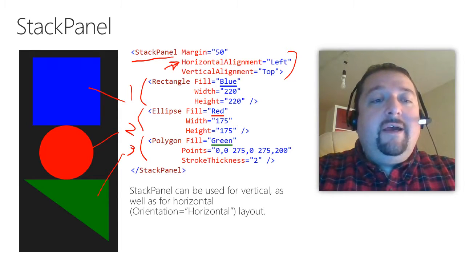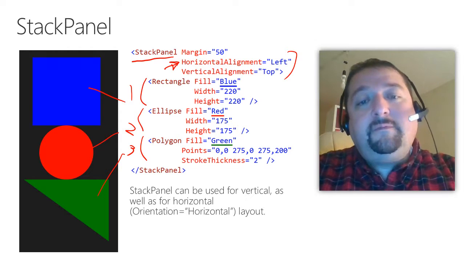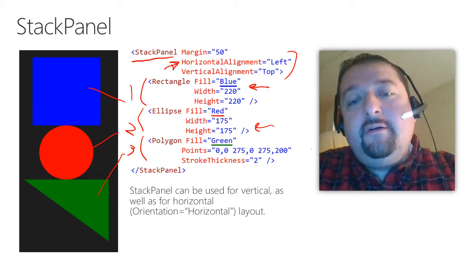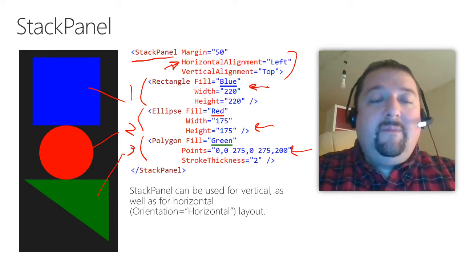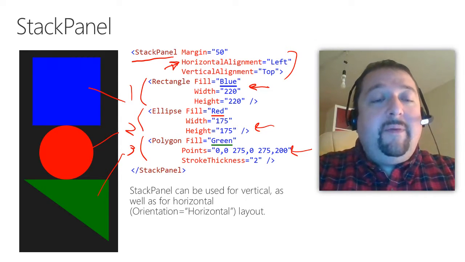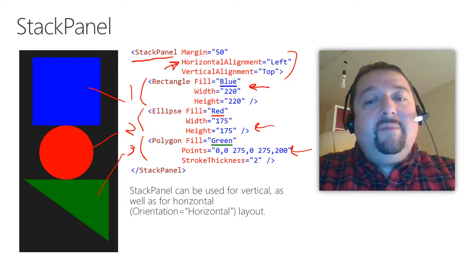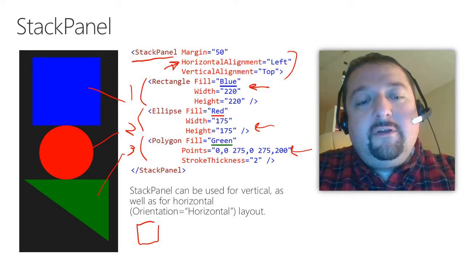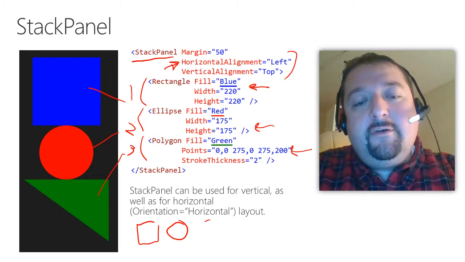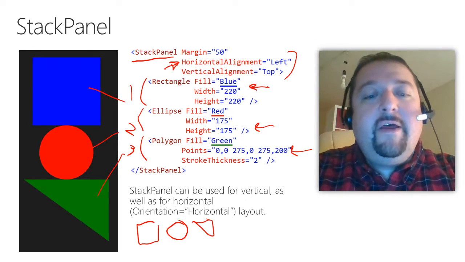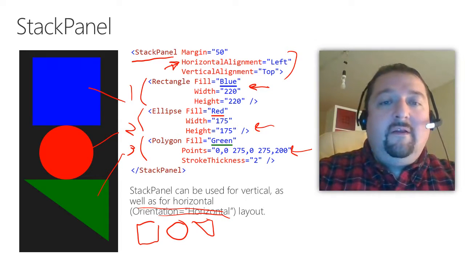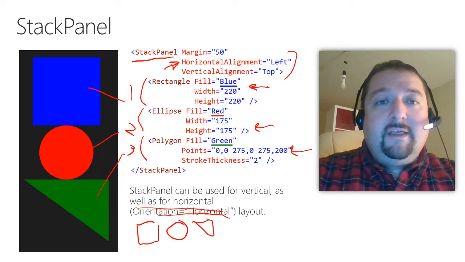And if we want to align the elements inside the StackPanel, we would need to specify horizontal and vertical alignments here for each individual element as well. StackPanel also allows us to place elements side by side. Like if you want to place them in a different order, like rectangle, then circle, and then triangle, we would need to specify orientation equal to horizontal. And this would create the horizontal stack panel.